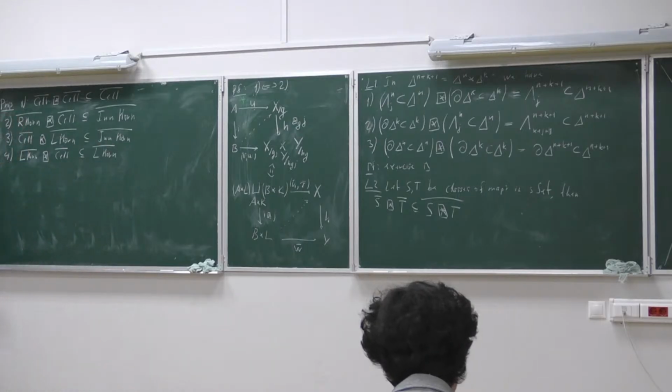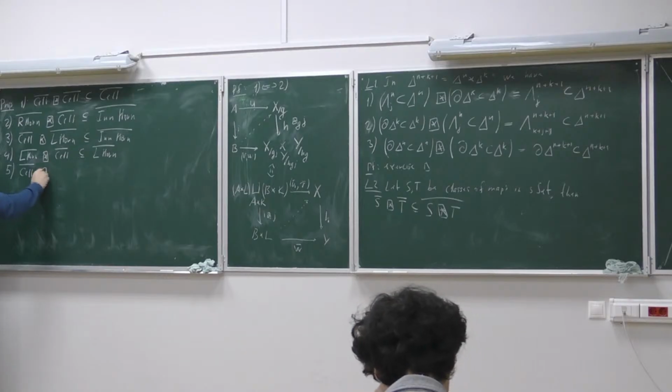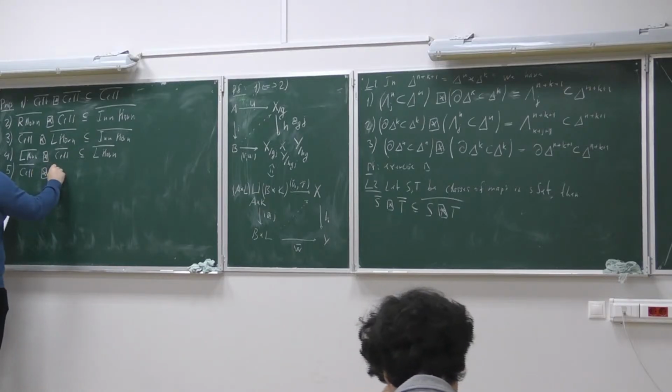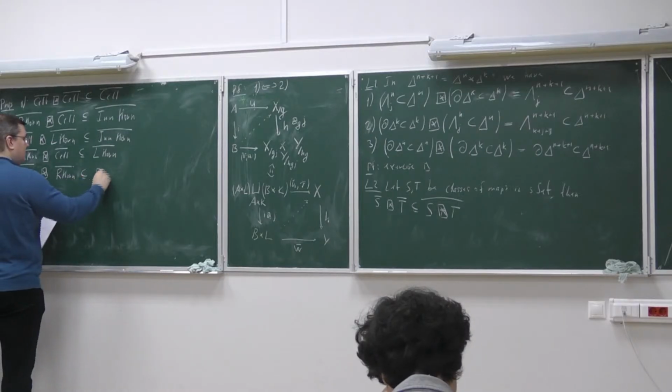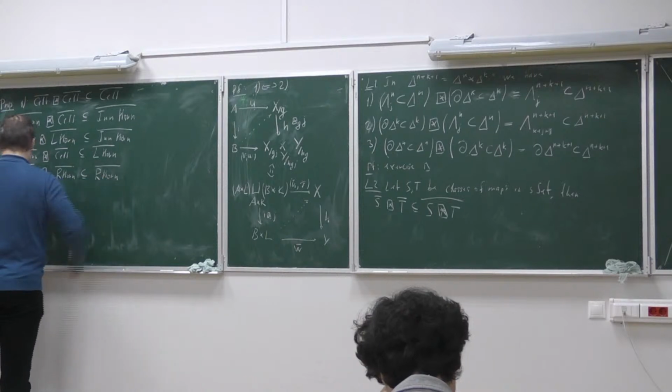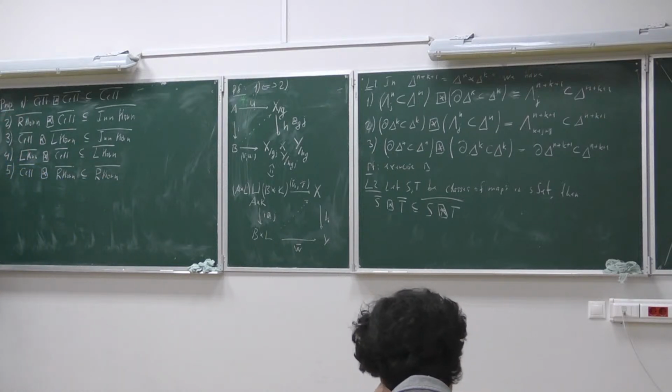And the same is true for the right horns. This is condition 5. We take the cell with the bar, box join, right horns, and this is the right horns. Okay, so the proof is the combination of lemma 1 and 2.